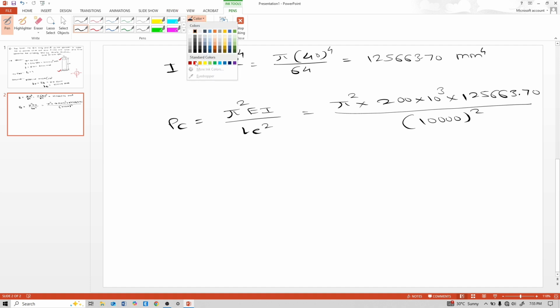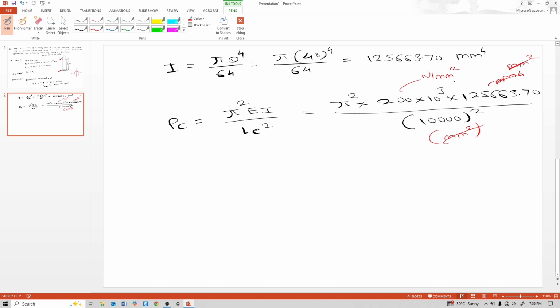First understand the units: E is Newton per mm square, I is mm raised to 4, and LE square is mm square. So mm square cancels, remaining mm square, and this mm square also cancels, so the remaining unit is only Newton. So the crippling load or buckling load will come in Newton.